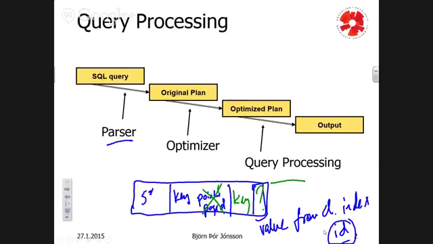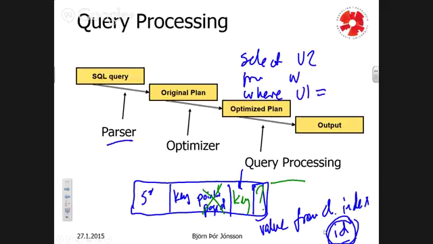So there are interesting things that can happen. For example, if you have a query that's looking at the key and the thing from the clustered index, you might actually be able to answer that query directly from the index. So in this particular example, we have select, let's say, unique2 from the Wisconsin relation, where unique1 is equal to 20.